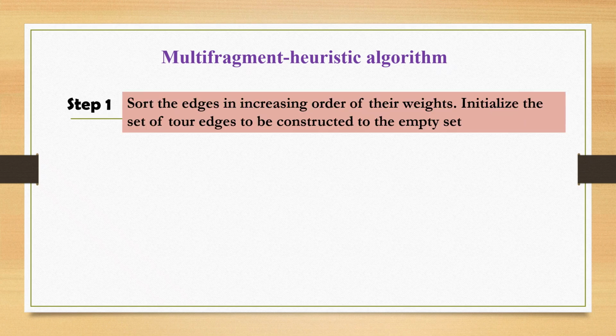So these are the steps for this multi-fragment heuristic algorithm. First, we need to sort the edges in increasing order of their weights and initialize the set of tour edges to be constructed as an empty set.